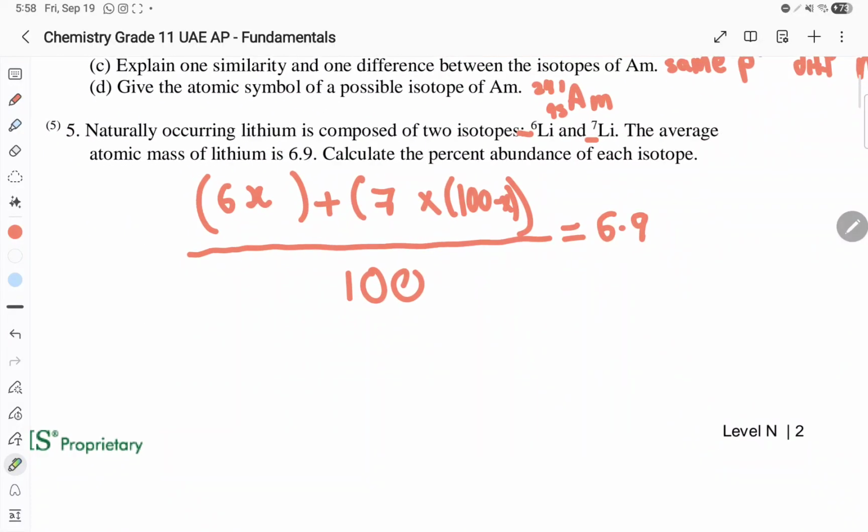So it's 690, I switched them up, equals 6x plus 7 times 100 minus x.